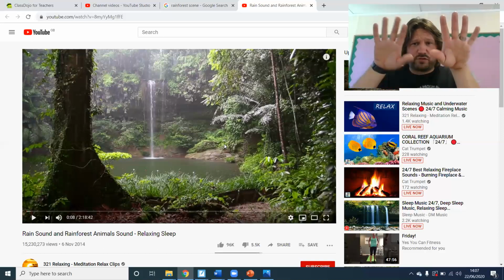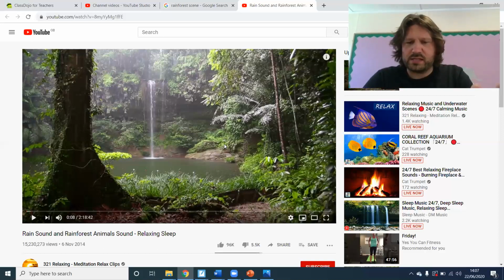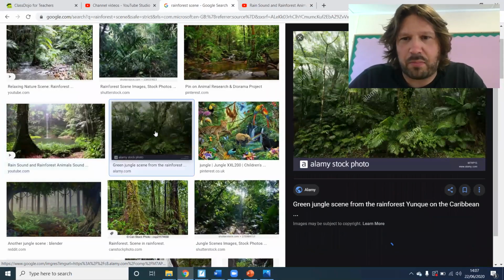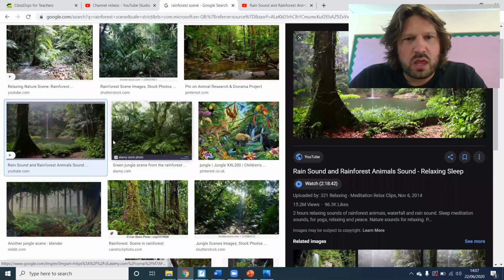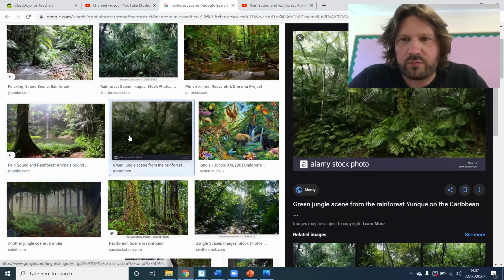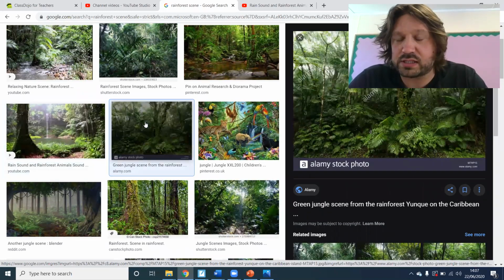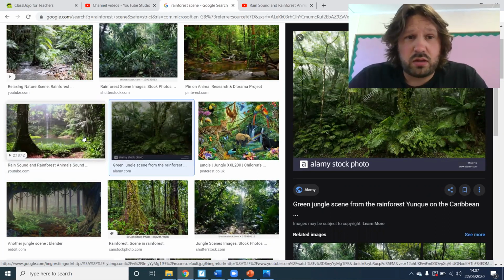Or what you can do is have two pictures. And this is a really nice game. So you get two pictures which are fairly similar from the rainforest. If I, for example, pick this one and this one, I describe one of them in depth, and then I get my adult or a brother or sister or a loved one at home, give them these two pictures and read out the description to them and see which one they pick.